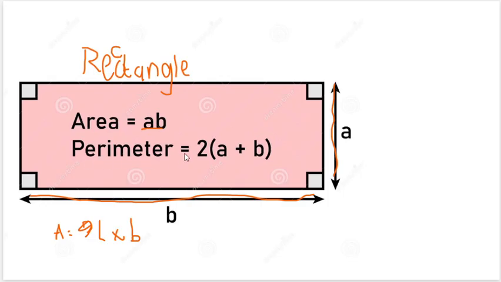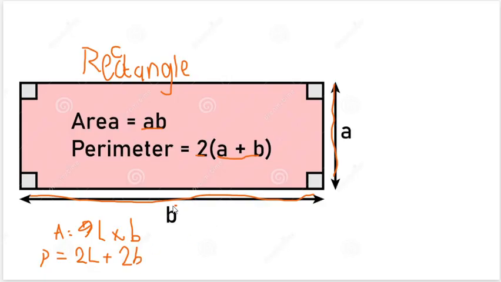Now, the perimeter of a rectangle is 2 length plus 2 breadth.